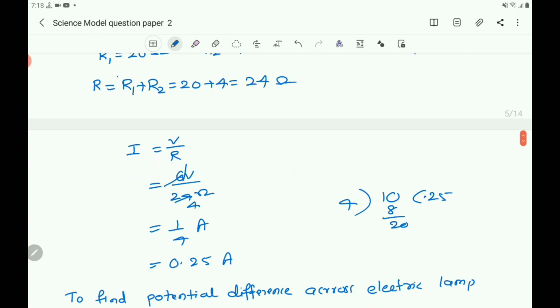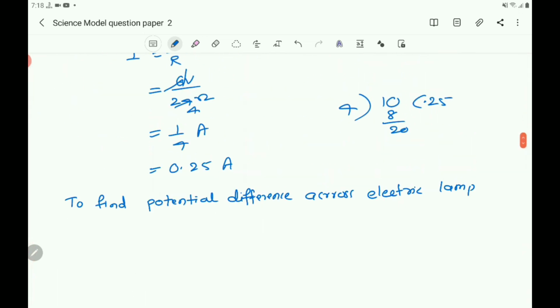So you take R equals 20 ohm. Current is 0.25 amps. The same current flows through the series appliances. So you take I equals 0.25 A, both through the electric lamp and through the conductor, 0.25 amps of current flows.